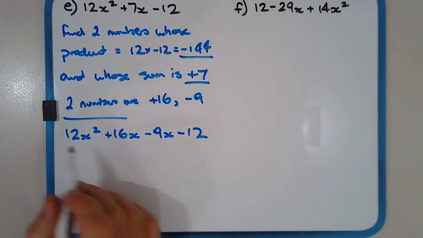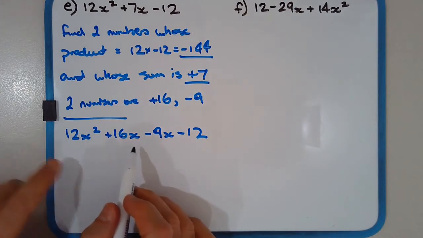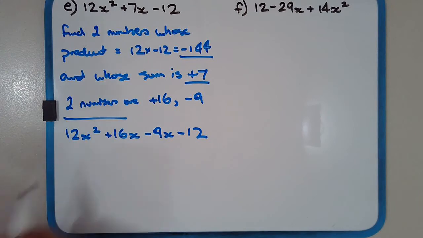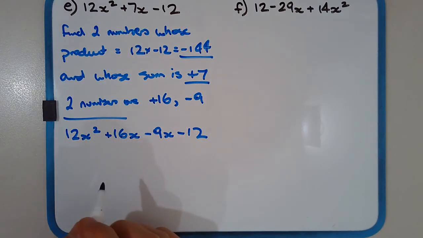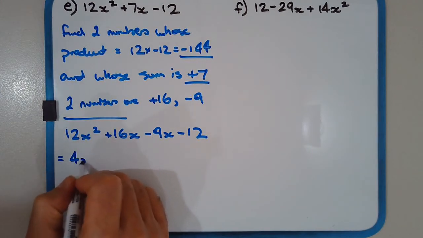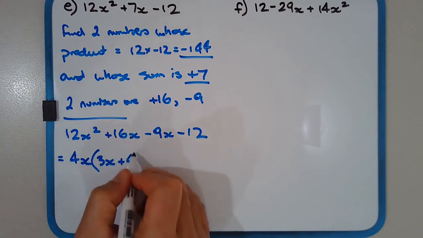Now we can factorize by grouping in pairs. We've done that one already. So we could just keep the first grouping the same. 12x squared plus 16x, we can take out 4x, can't we? So that's the same as 4x, and in brackets we'll have 3x plus 4.